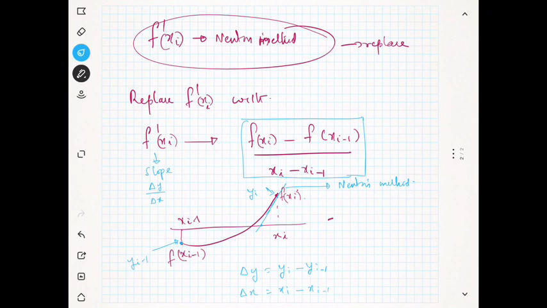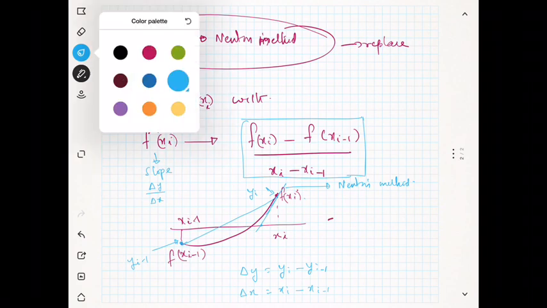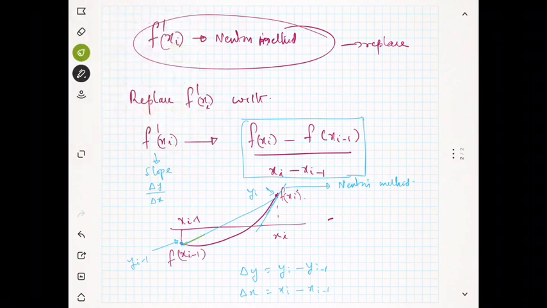So you are drawing a line and finding the slope. I think you have already seen this kind of thing, and I will explain in detail in the next slide.